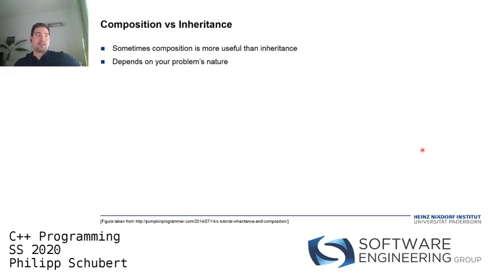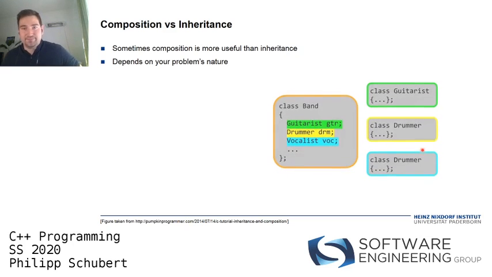Really, I can't give you the answer. It highly depends on the problems that you need to solve, and the problem's nature, really. I can only provide you with the means to solve problems, and then you have to decide what is the best mechanism to solve a given problem.